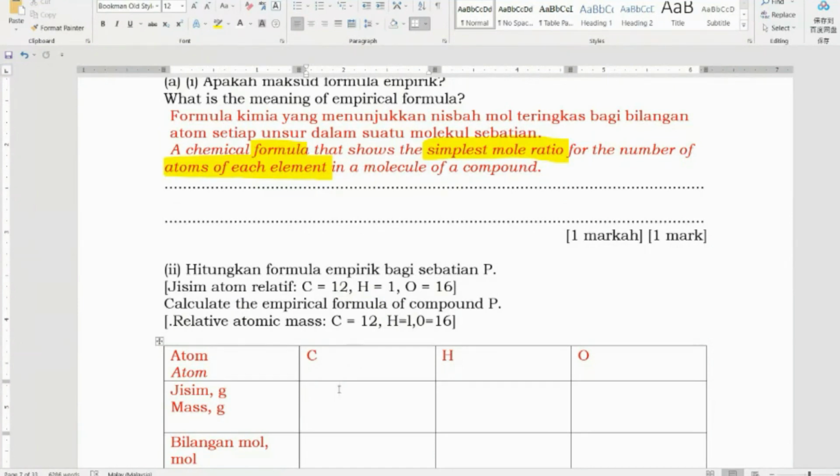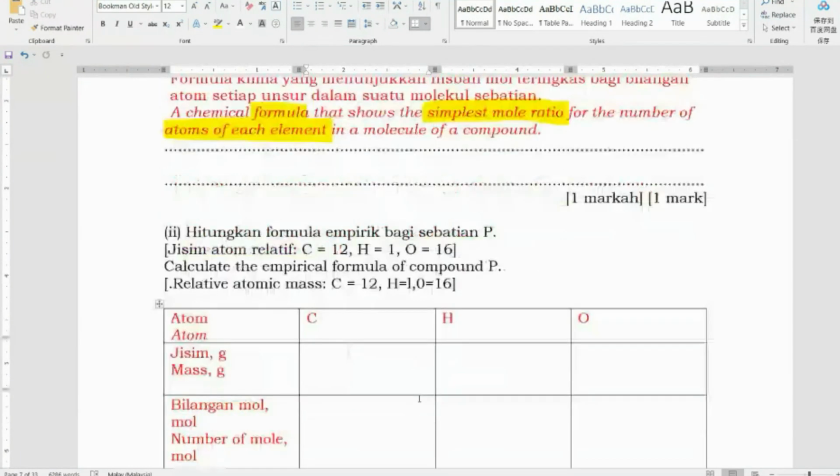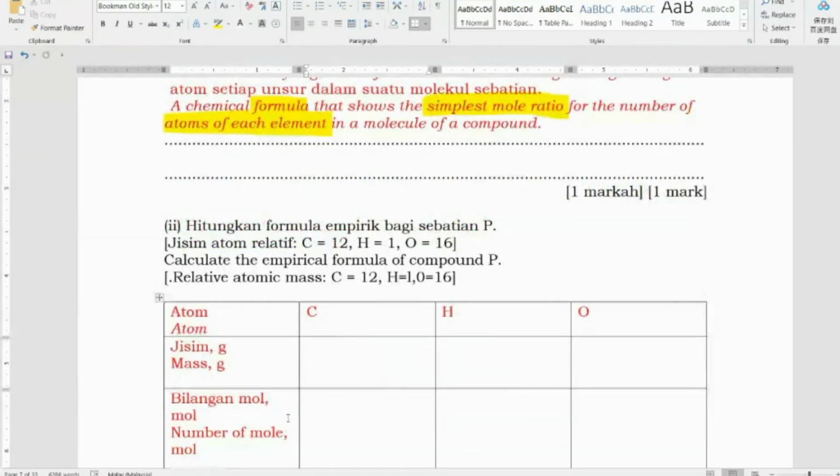Yeah, BB, louder, please. 40. Carbon is 40 gram. Okay, correct.